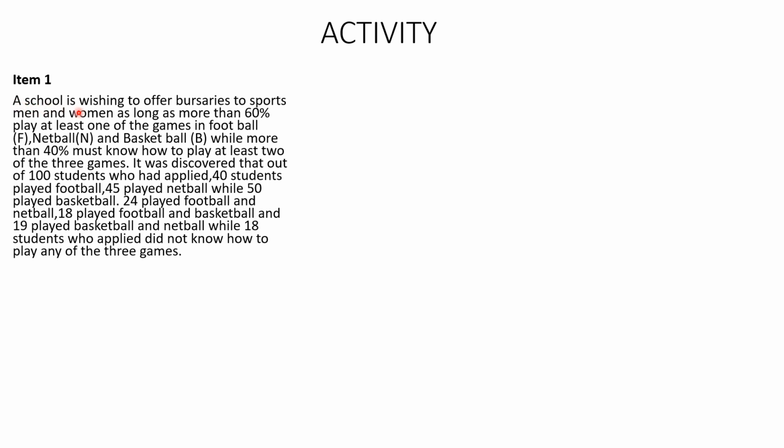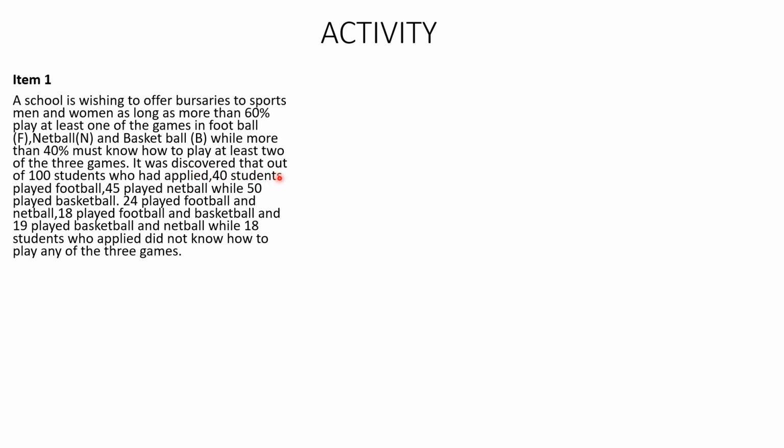So here our activity number 1 says, the school is wishing to offer bursaries to sportsmen and women as long as more than 60% play at least one of the games in football, netball, basketball, while more than 40% must know how to play at least 2 of the 3 games.